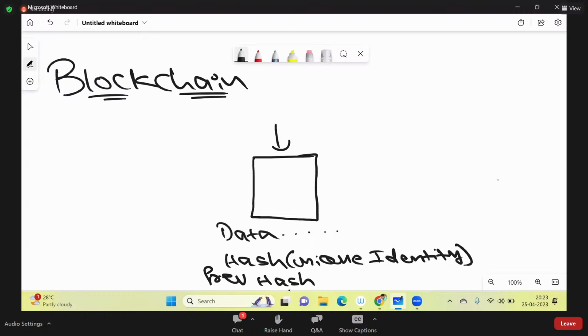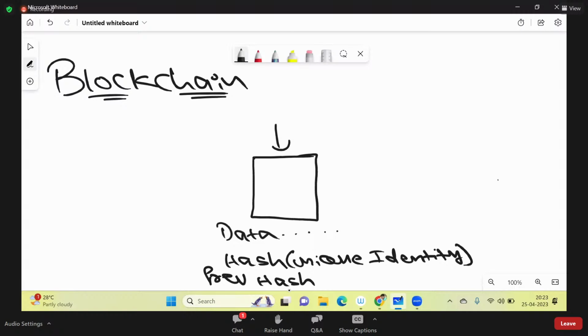In this way, if you observe, all the blocks in the network are interlinked. All of them are interlinked in the form of the previous hash. So they are all linked in the backward direction. If you are aware of the concept of a linked list, it is more or less the same.